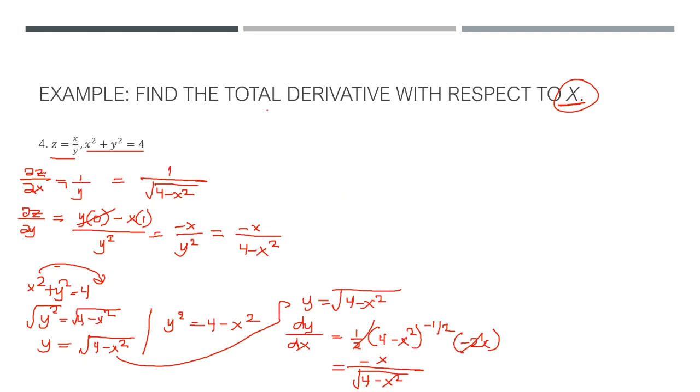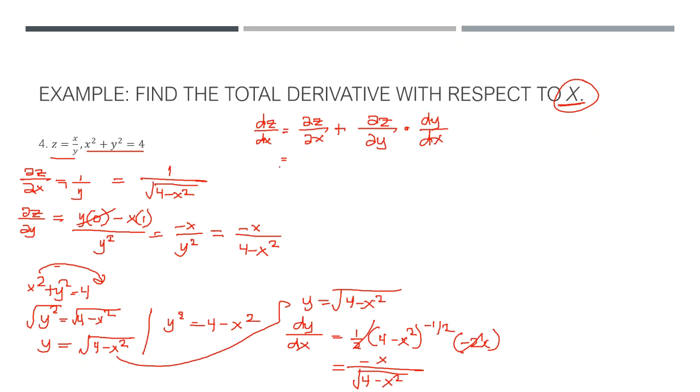So finding the total derivative of z with respect to x is basically equivalent to the partial derivative of z with respect to x plus the partial derivative of z with respect to y times the derivative of y with respect to x.